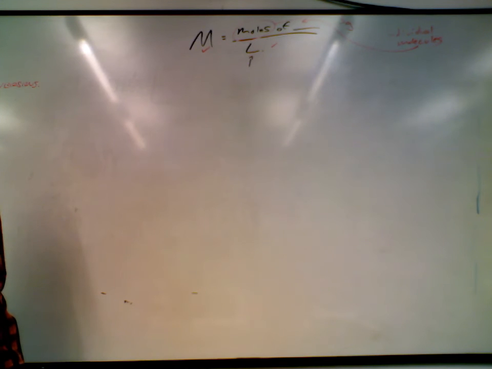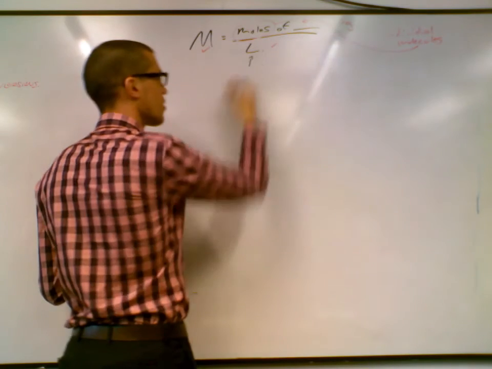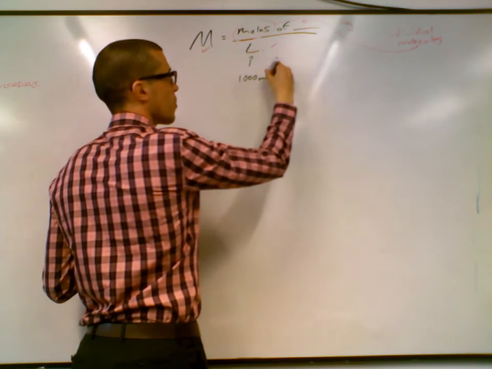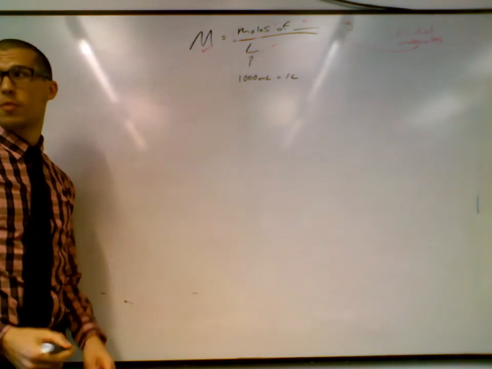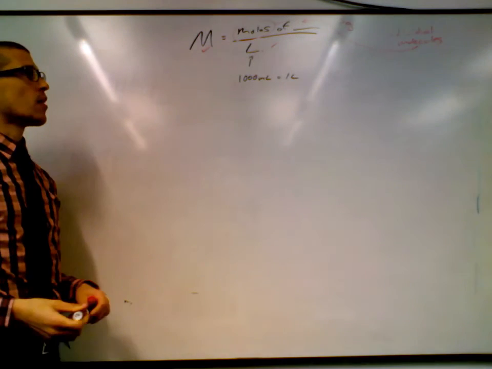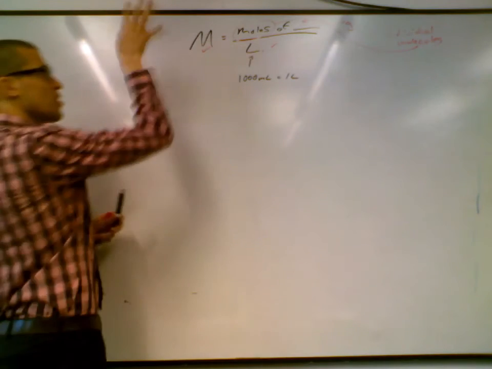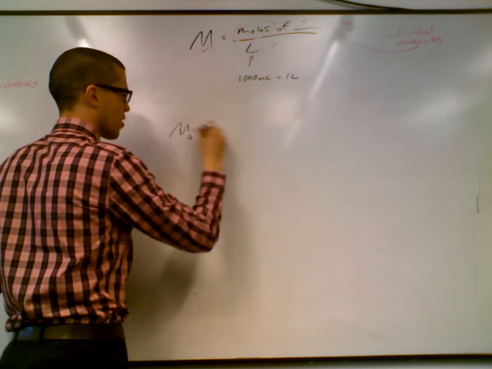I can give you a conversion. The only conversion I'm going to give is 1,000 milliliters equals 1 liter, and that should help you convert from milliliters to liters. So that's all with this equation right here. Now, another equation that I have, and we're going to go through this, don't worry.